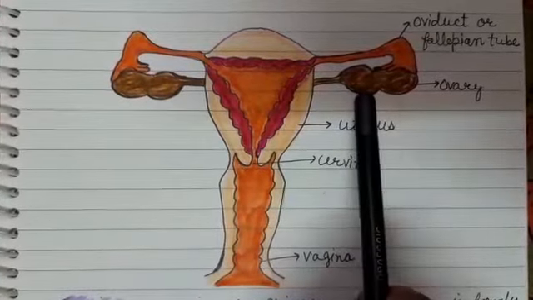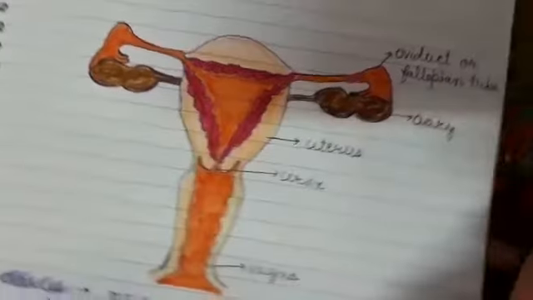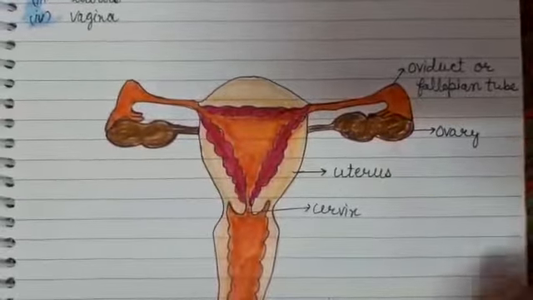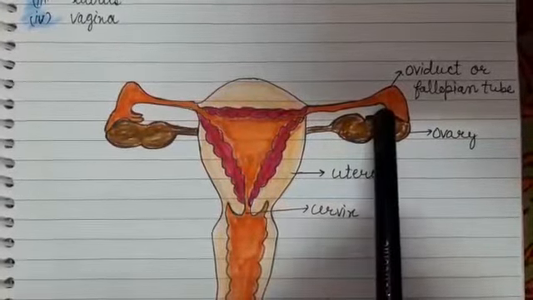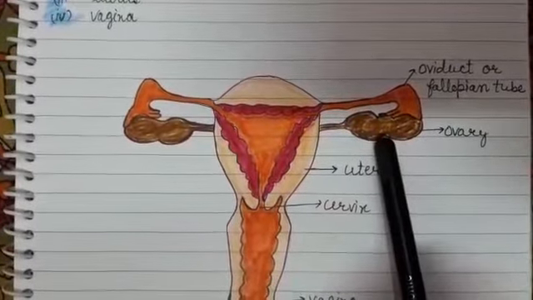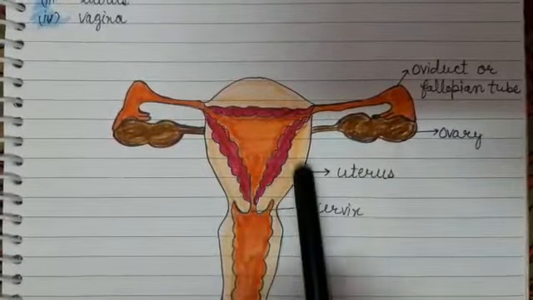After these ovaries, there is fallopian tube or oviduct. They carry egg from ovary to the uterus.